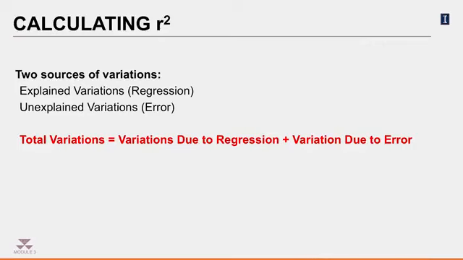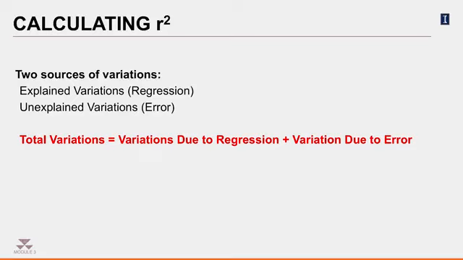If we have identified a variable which is influencing the variable with a strong predictive ability, the majority of the variations we see in the response variable should be due to the regression variable. But if we have identified a variable which has very little influence on the response variable, then the majority of the variation we observe in the response variable will be due to other sources, what we call unexplained sources.